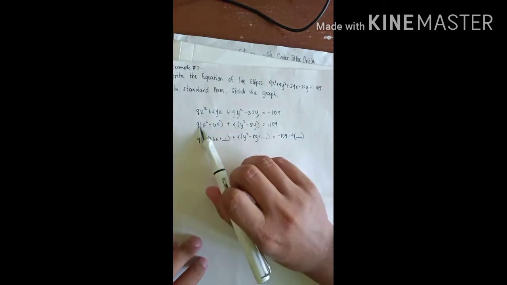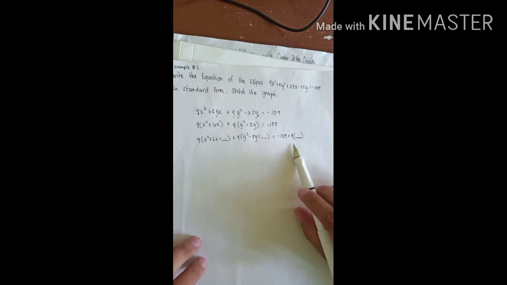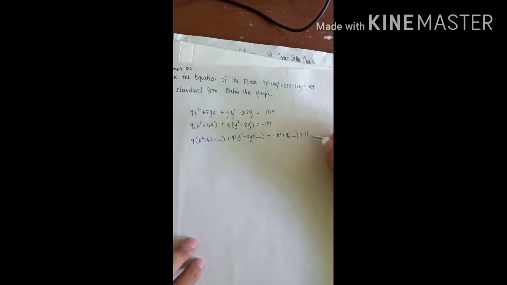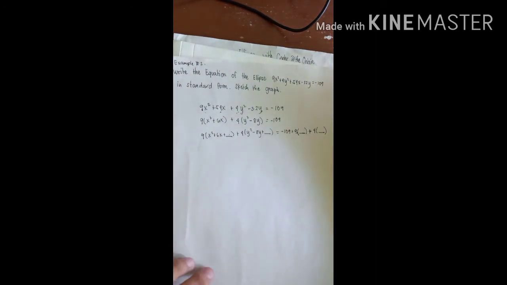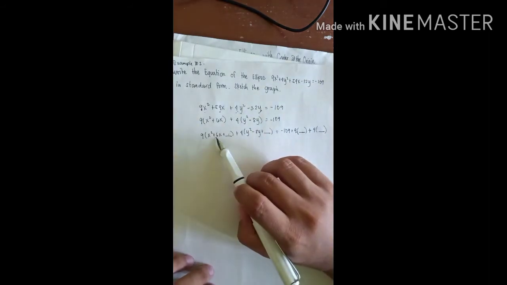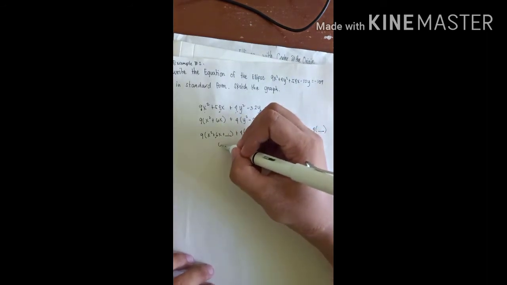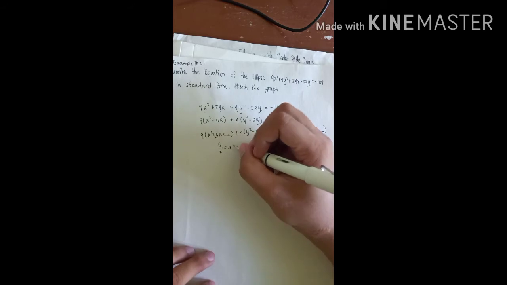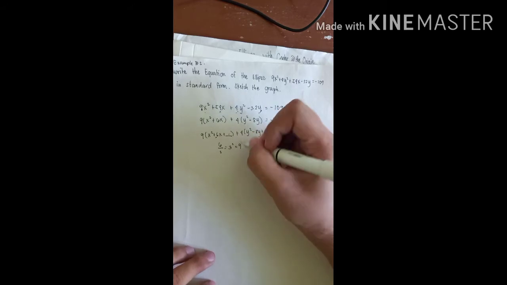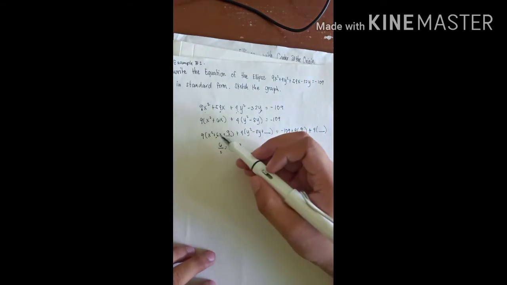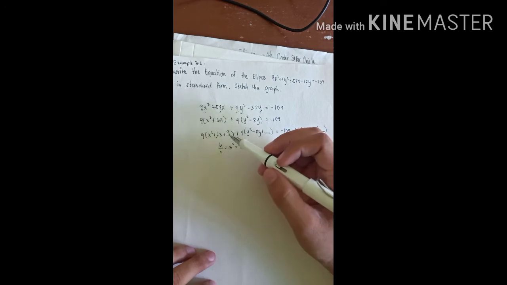Kasi nga nag-factor out tayo kanina, i-multiply natin to by 9, and the other side, 4 times the number. Trick para mas madali, i-divide lang natin to by 2 and then square natin yung quotient. So for example, 6 divided by 2 is equal to 3. Then square lang natin, that is equal to 9. So answer dito is 9, 9 din dito. So meaning, this is now a perfect square trinomial.